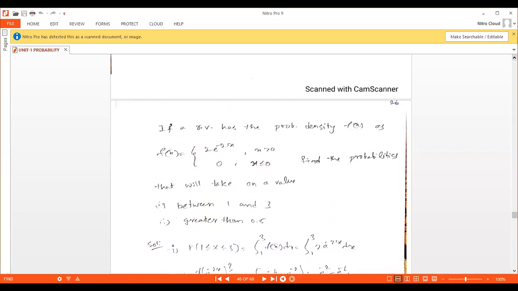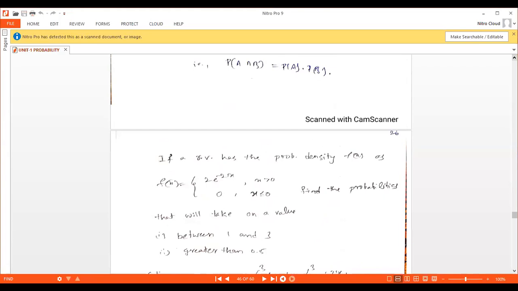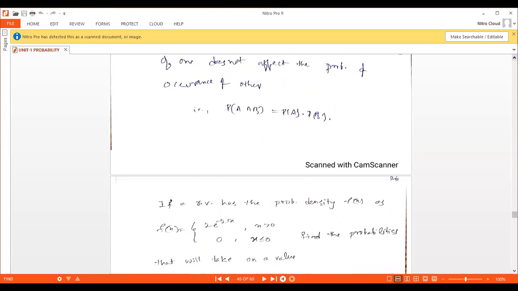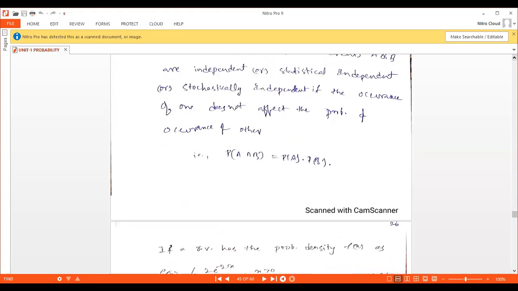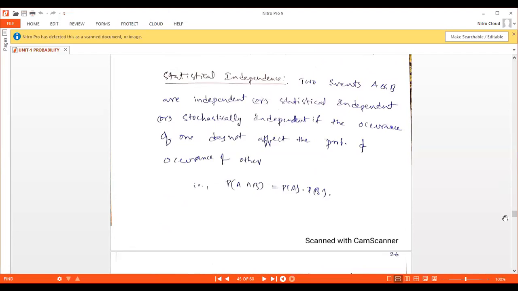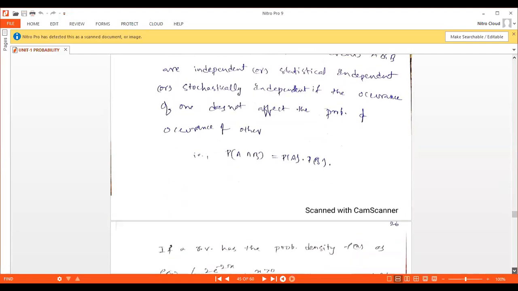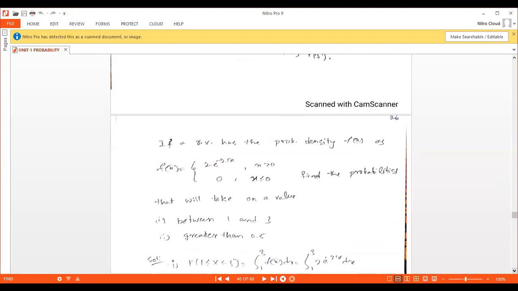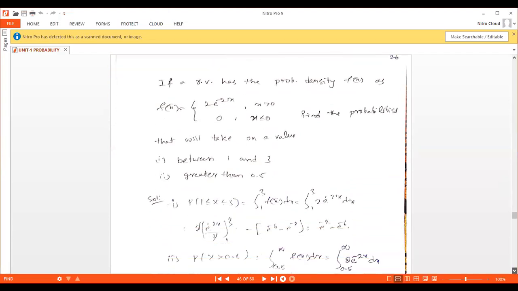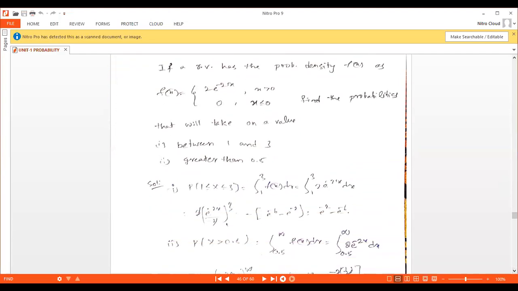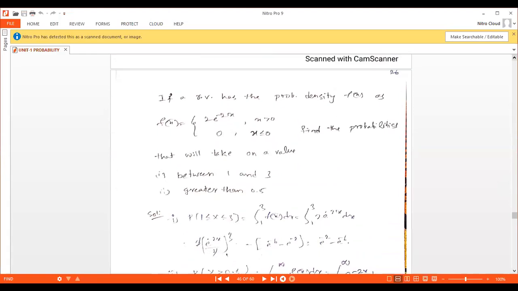So let's solve some problems on continuous probability distribution function. So these are the problems to find the probabilities when the function is discontinuous function.